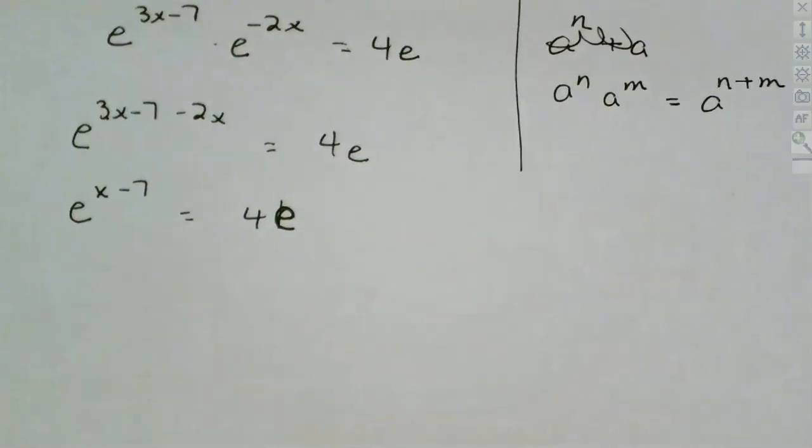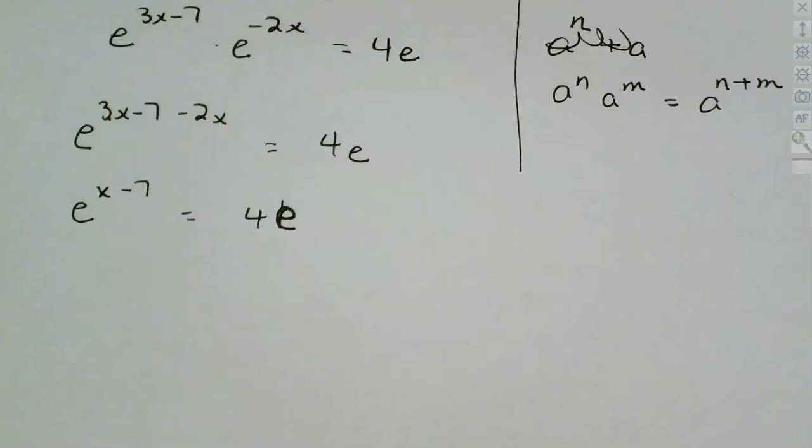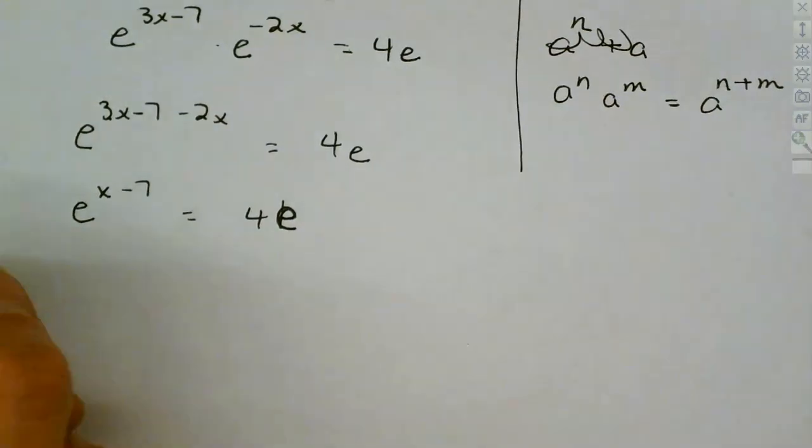Logarithms and exponentials are opposite of each other. So if I had a log base 10, I'd use a power of 10, or if I had a power of 10, I'd use a log. Well, this is an exponential to e. And what's the opposite of e? The natural log. So how do I get rid of an e? I'm going to use an ln. So let's take the ln, the natural log, of both sides.